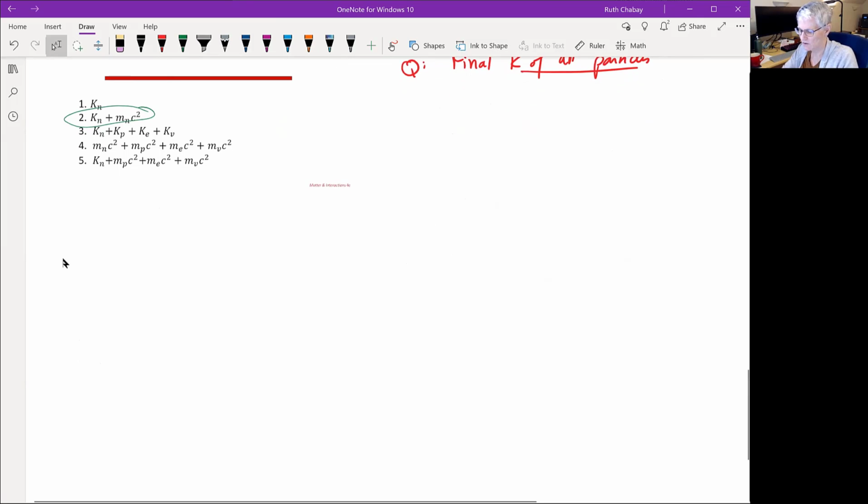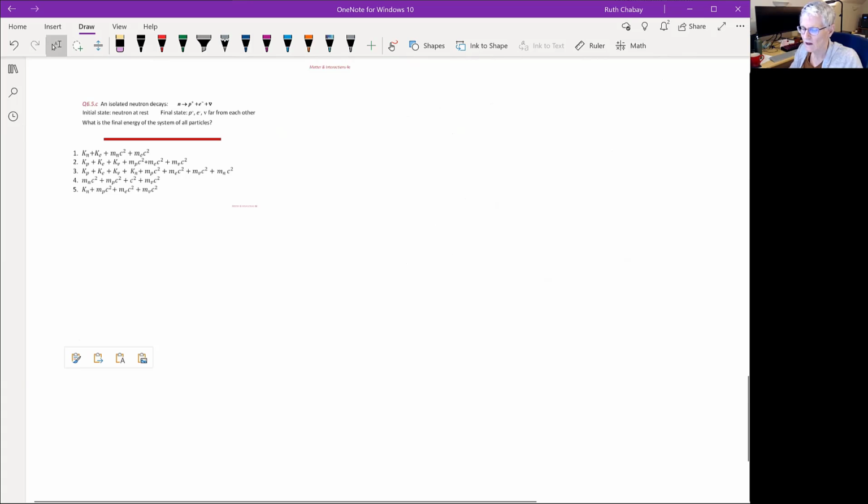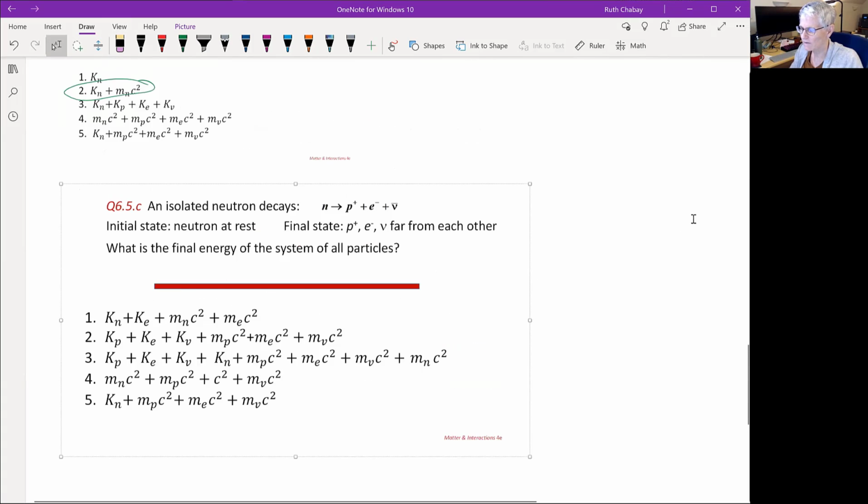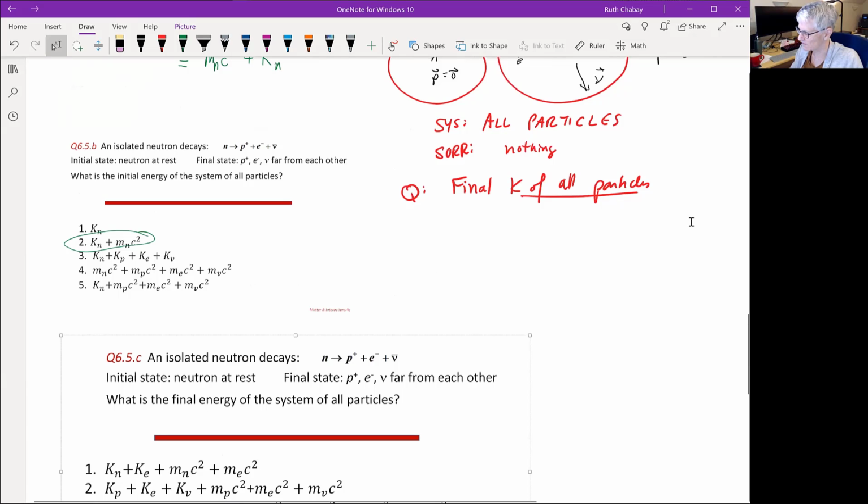So what's the next question I'm going to ask you? In the final state, is the rest energy of the neutron equal to the sum of all its constituents? And the answer is a little subtle.